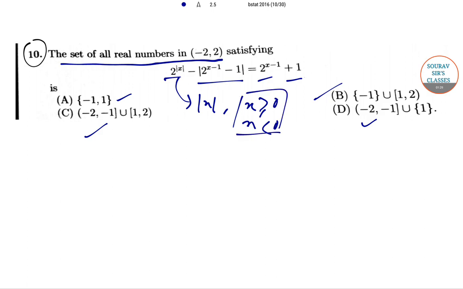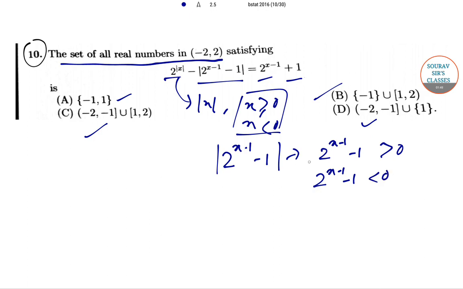Another point is that we've been given mod of 2 to the power x minus 1 minus 1. This case will arise when either 2 to the power x minus 1 minus 1 will be greater than 0 or less than 0. In the first case we can write it as 2 to the power x minus 1 is greater than 1, which is equal to 2 to the power 0.